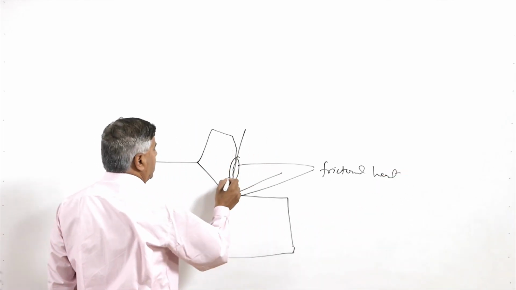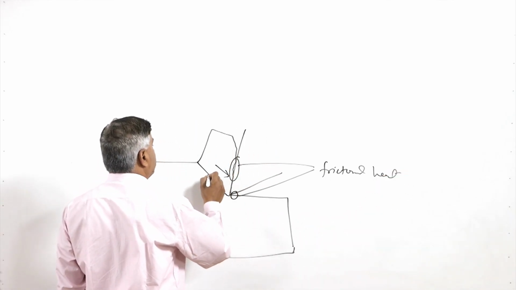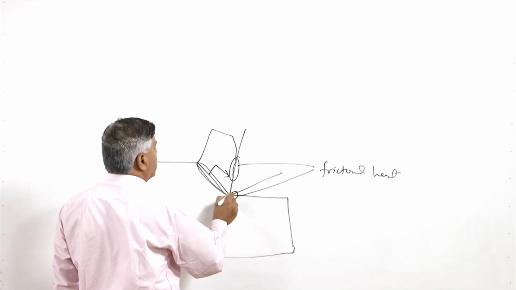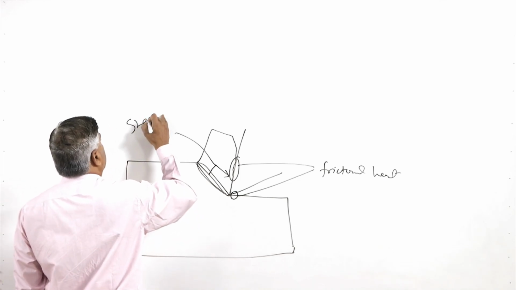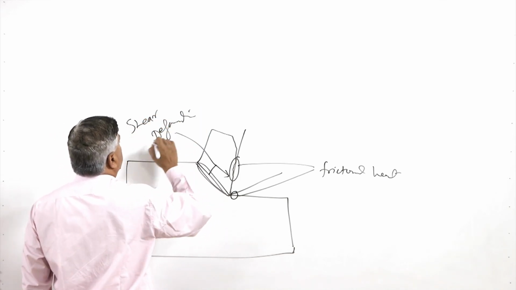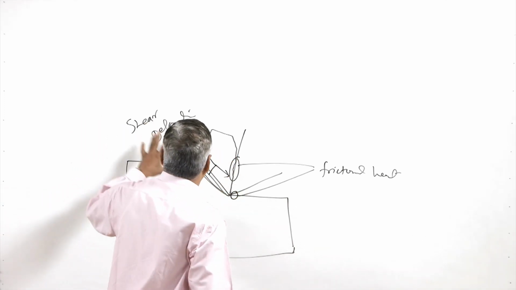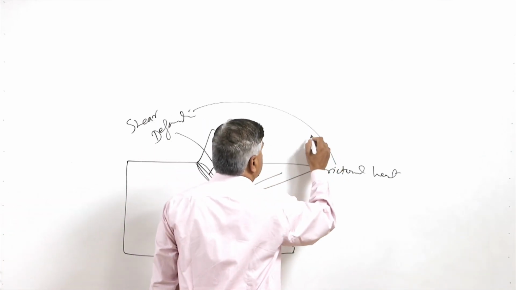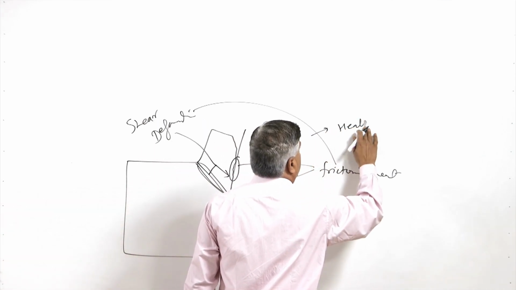On the other hand, the deformation of the chip at the chip tool interface as well as deformation in the shear plane, these two will be causing the shear deformation, primary and secondary deformation. And for both these activities, to overcome the friction as well as to cause the shear deformation, we need to consume energy, and whatever energy is consumed is converted into heat.